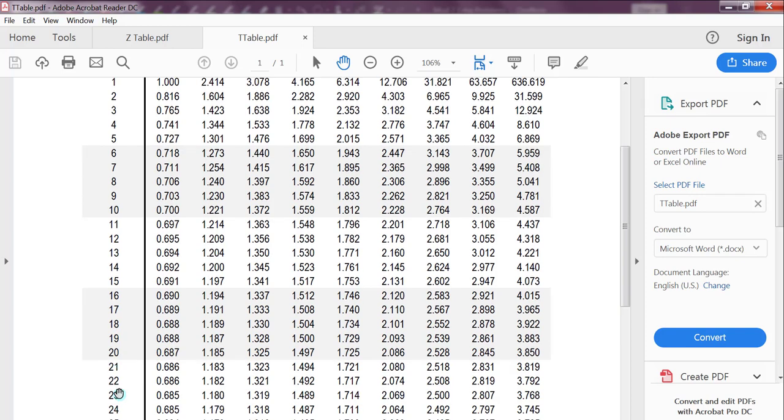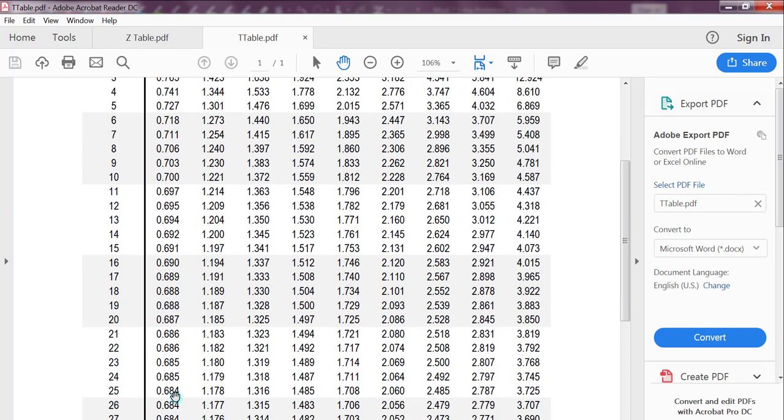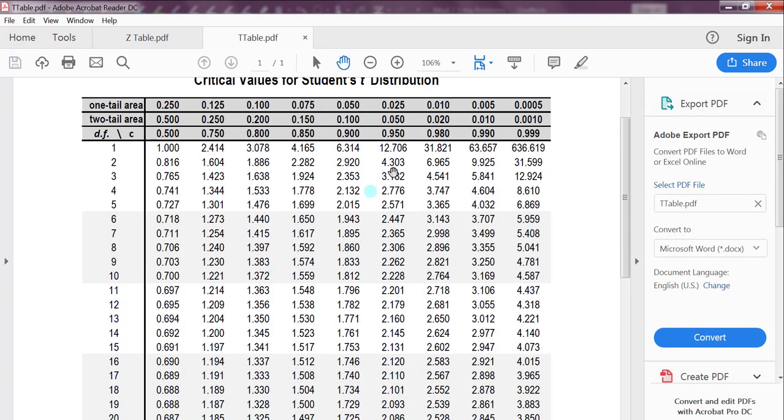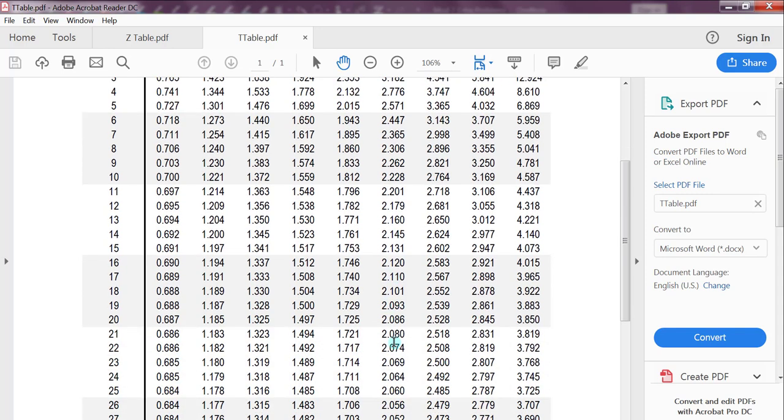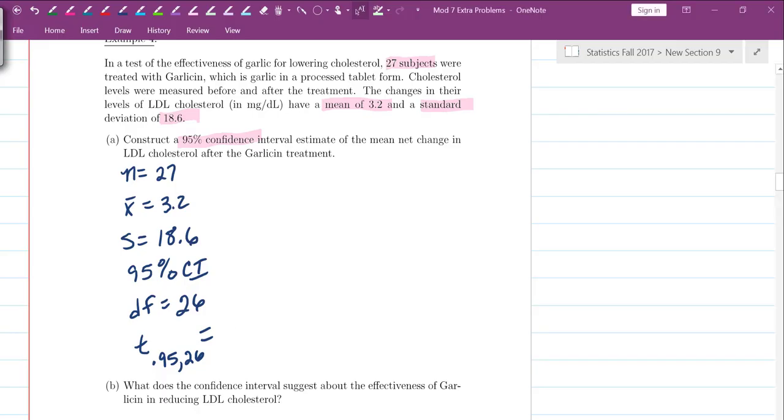So 26 degrees of freedom right here at the bottom. Let me scroll up a little bit. And 95 is right here. So let's scroll right there. And we're looking at 26. So right here is our 26. So 2.056.